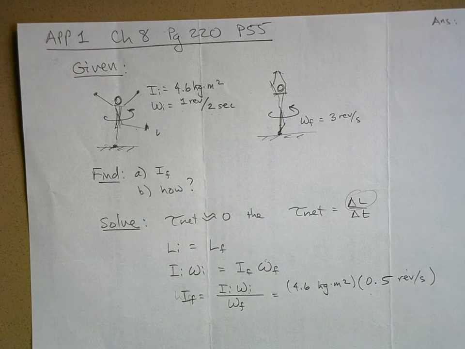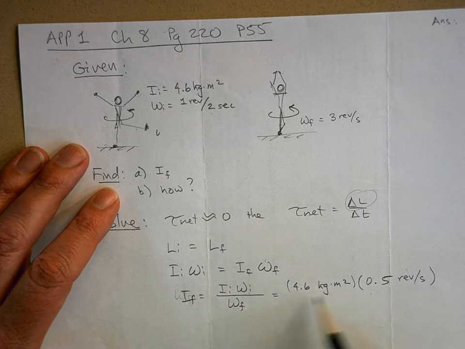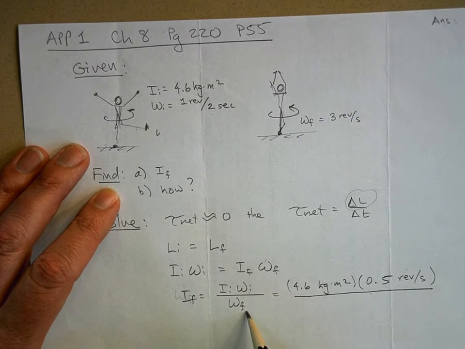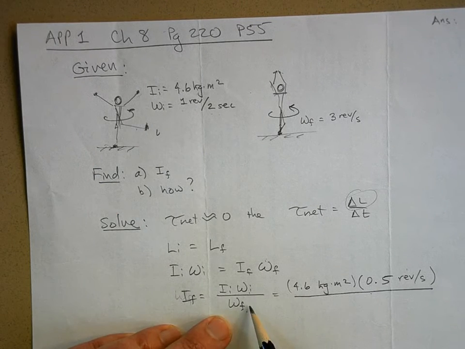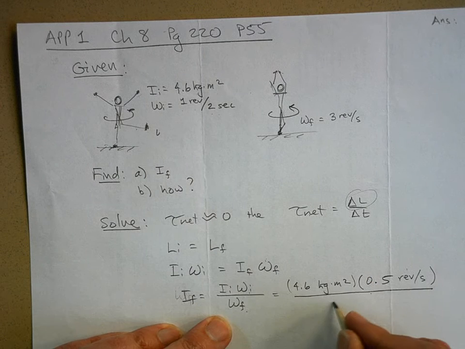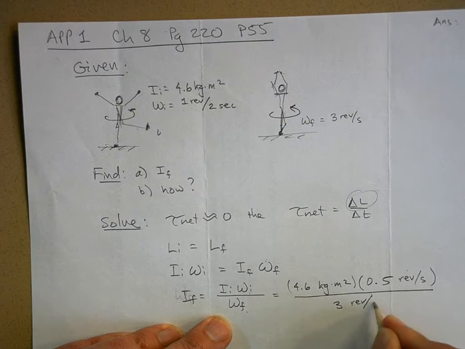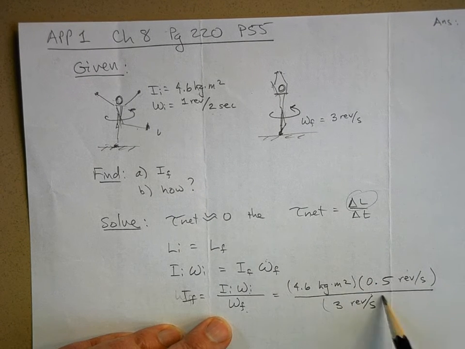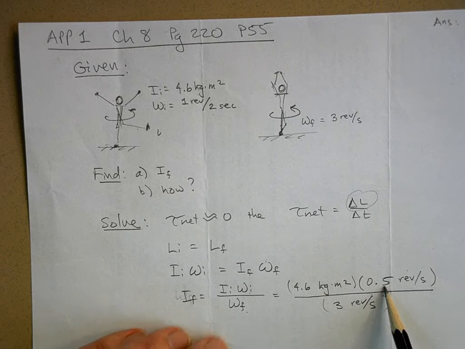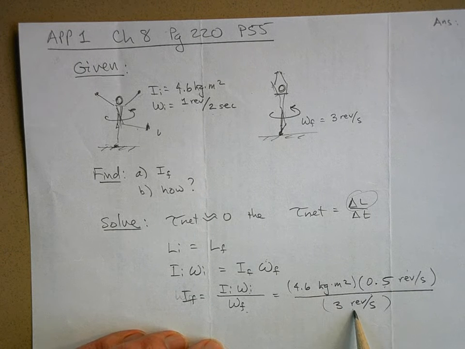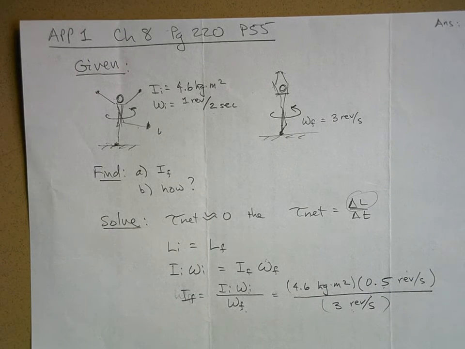Now, some of you went ahead and changed it to radians per second. That's not wrong, but it's not necessary, because we're going to divide by the final angular velocity, which is given to be 3 revolutions per second. So even if I change this to radians per second and this one to radians per second, that conversion factor cancels out as well. So you don't really need to bother with that.